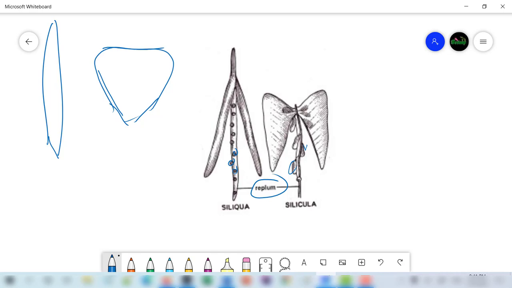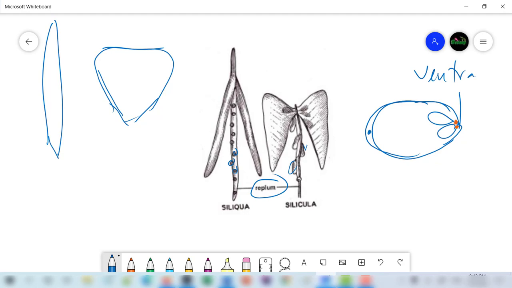For example, in a pod, like in a pea pod, the side to which the placenta are attached, and to this placenta ovules are attached, is known as the ventral suture, and the opposite side is known as the dorsal suture.